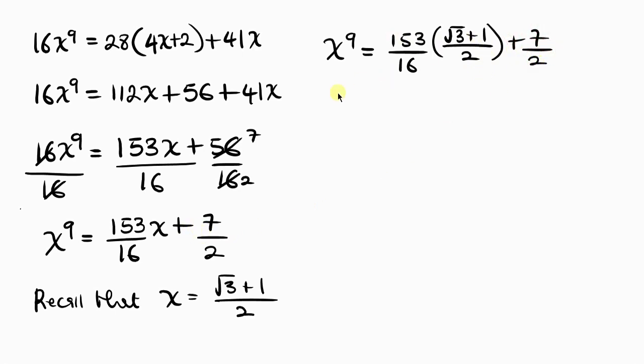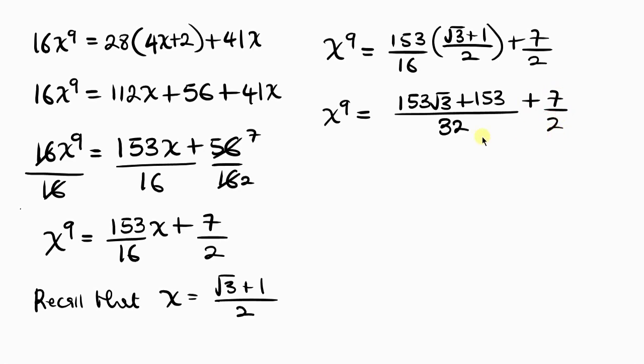Let's open up this bracket. So x to the 9 will be equal to, now 153 times the square root of 3 is 153 root 3, plus 153 times 1 is 153, all over the denominator. 16 times 2 is what? Is actually 32. Plus 7 over 2.